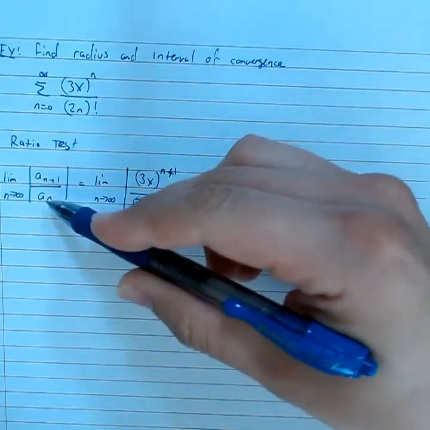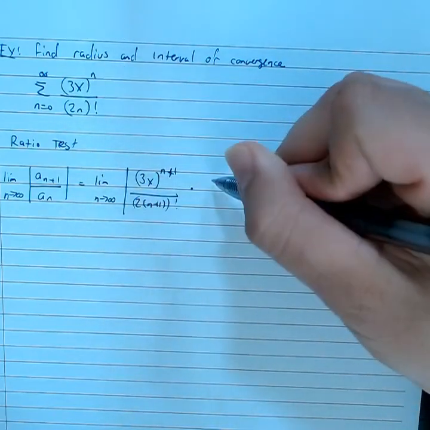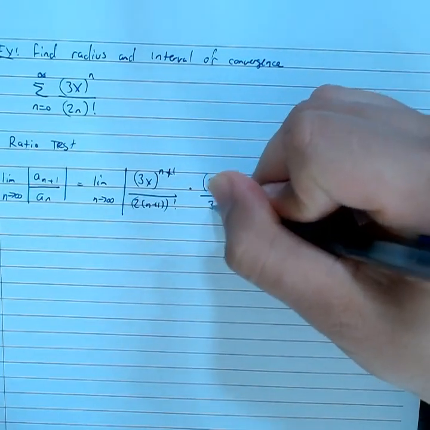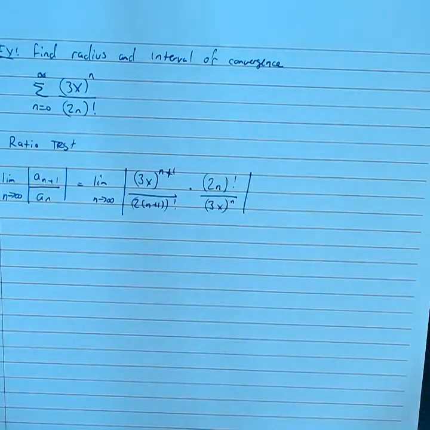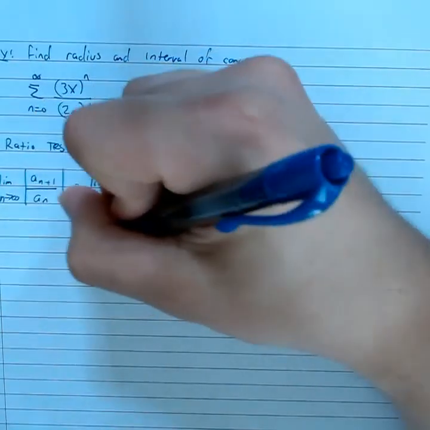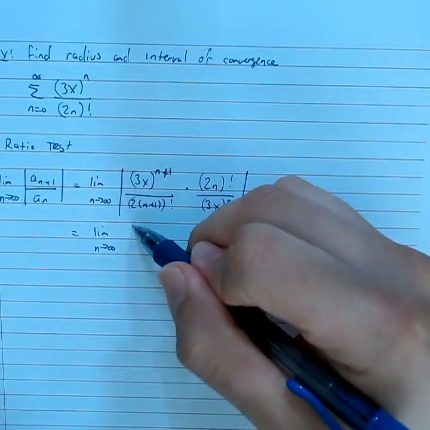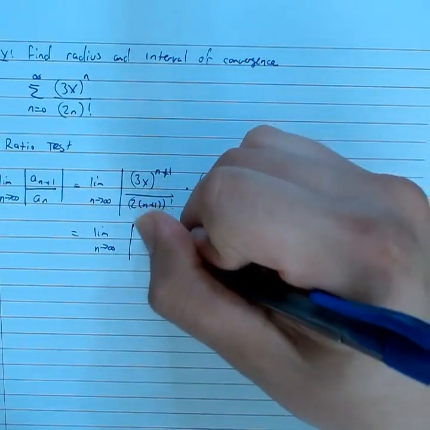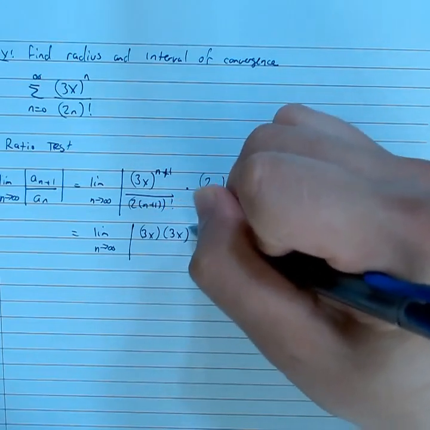Here, I'm going to take the a sub n term, which is just that one, and instead of dividing by it, I'll multiply by its reciprocal. So that'll be 2n factorial over 3x to the power n. Okay, now let's simplify that. That's going to equal the limit as n approaches infinity of, here I notice that I can take 3x to the power n plus 1 and write it as 3x times 3x to the power n.